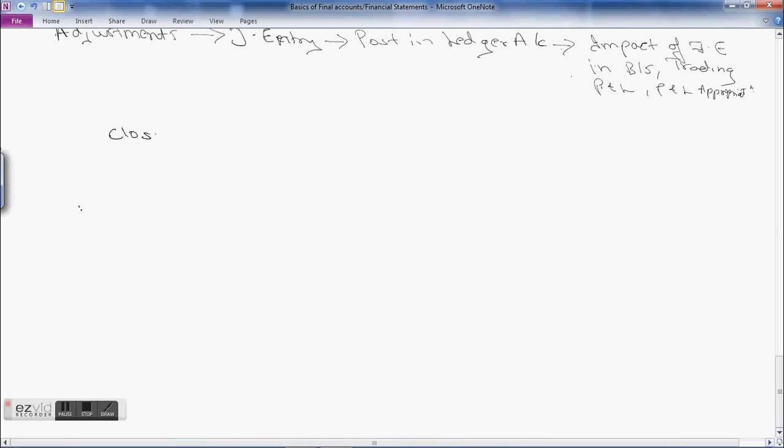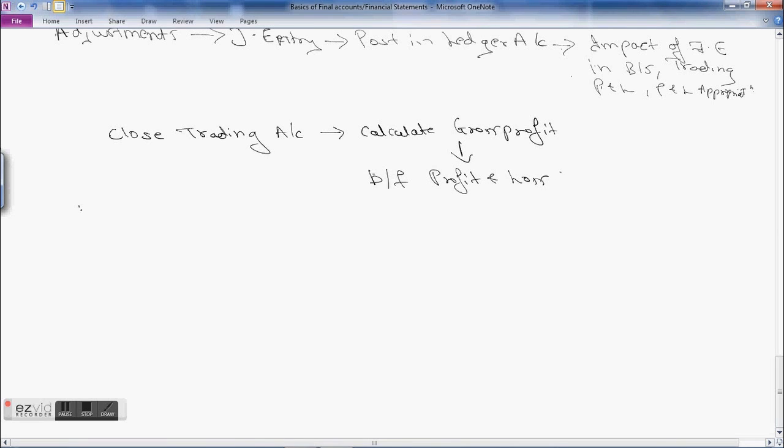What we need to do is close the trading account and calculate gross profit. Then this gross profit balance we need to bring forward to the profit and loss account.